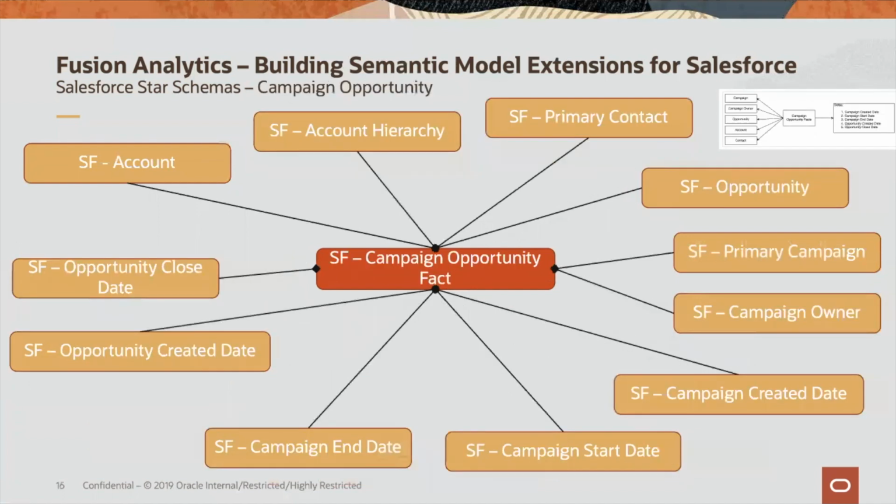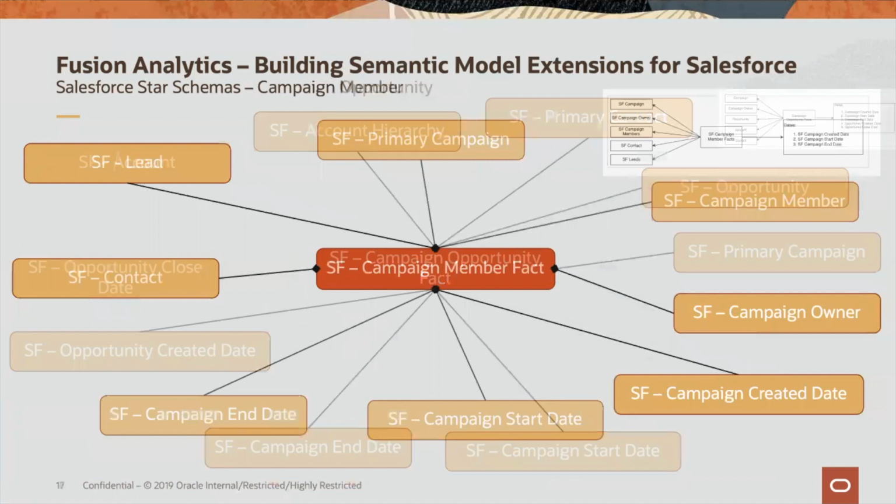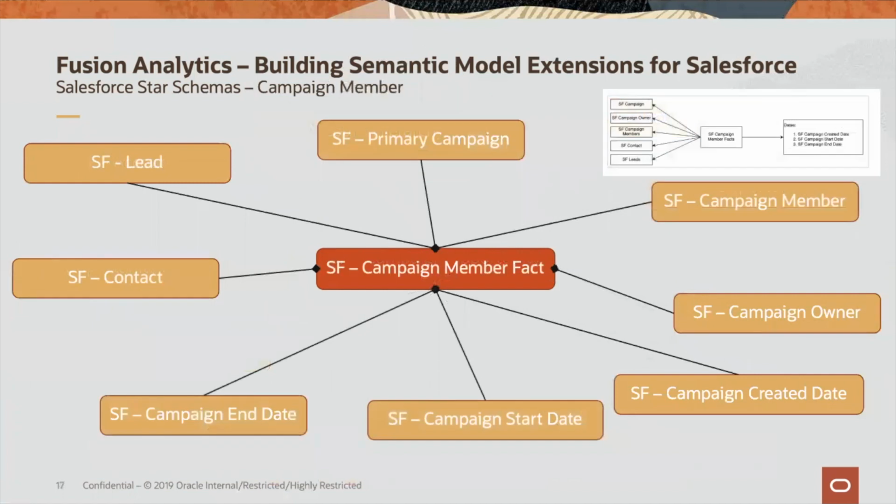And the two last ones are the campaign opportunity fact, where we have similar dimensions as the actual opportunity, and also the campaign member fact, where we have the lead, the primary campaign, the campaign member, the campaign owner, some of the dates, start, end, and created date, and the contact.